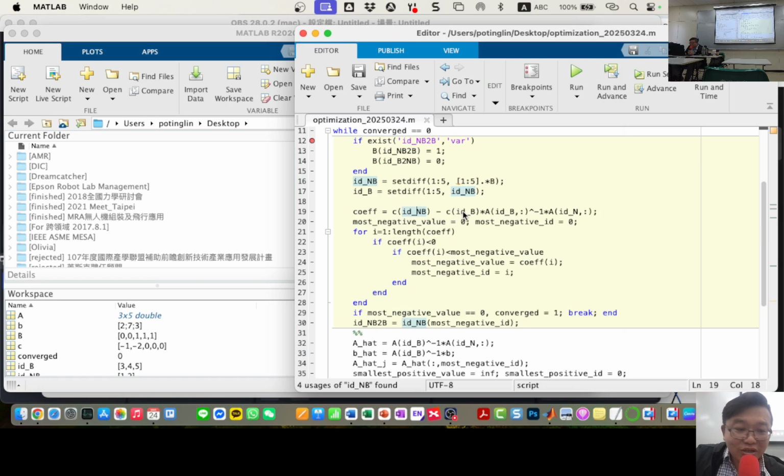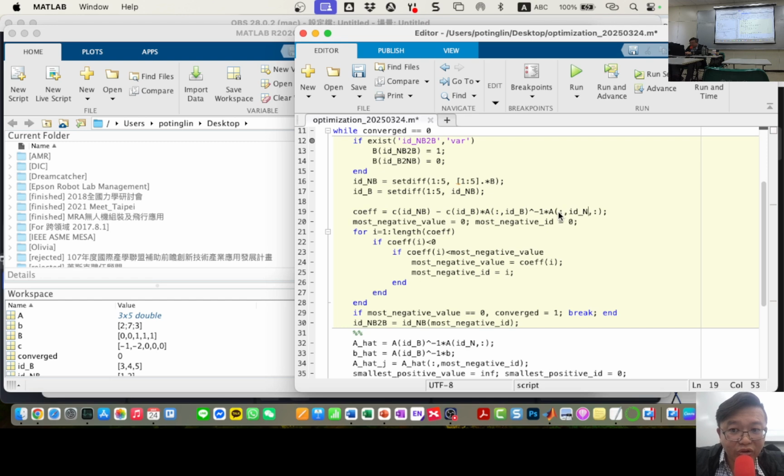Coefficient non-basic, coefficient basic, A ID basic, sorry, should be reverse. Yeah.